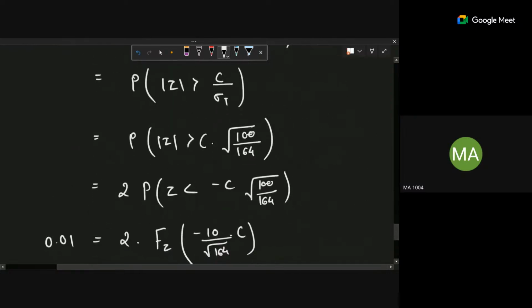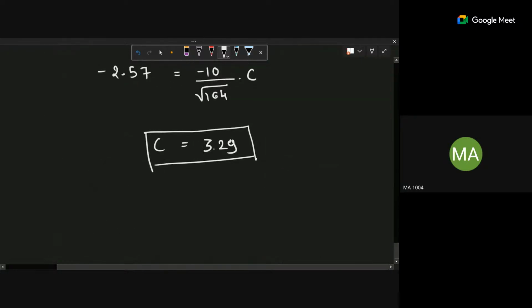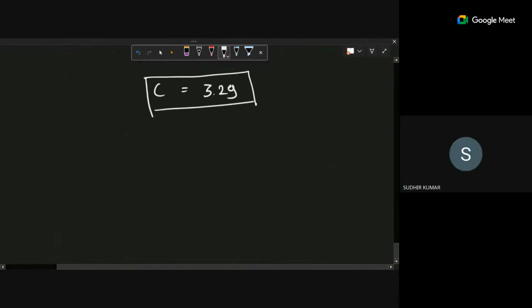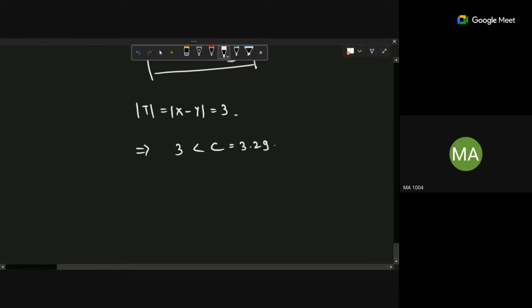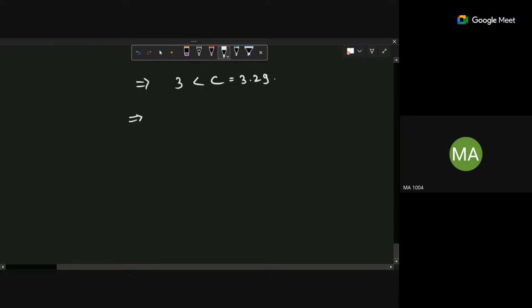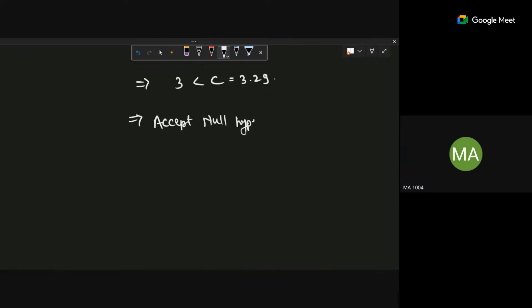So what should we conclude now? Modulus T is 3, that implies 3 is less than C, which is 3.29. That implies we accept the null hypothesis.